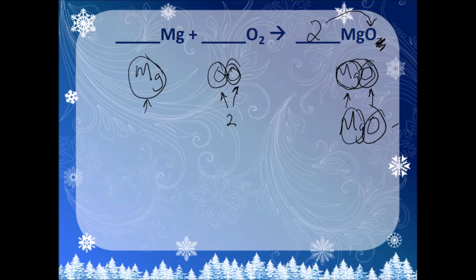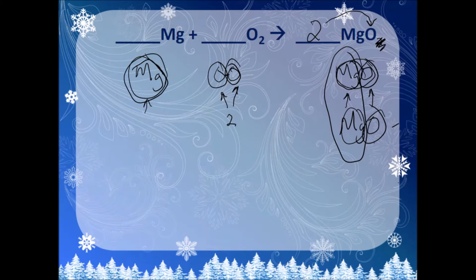Now, one of the things I always like to do before I go on to the next question is to go back and check everything, because sometimes in order to fix something, I may undo something that I had already fixed. And let's see if that worked here. How many Mg's? 2.